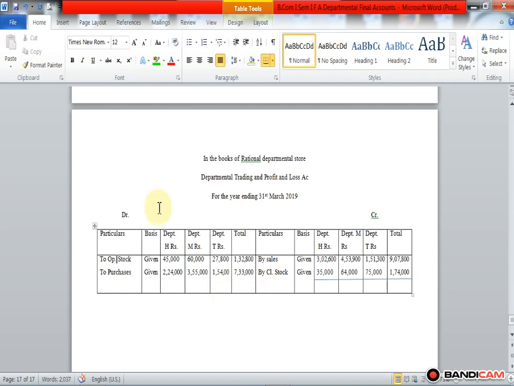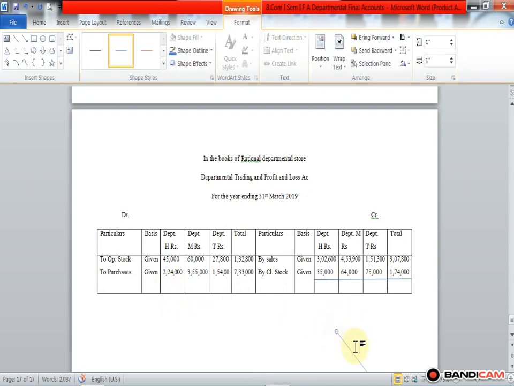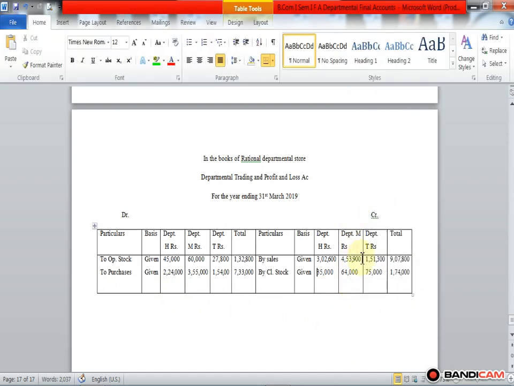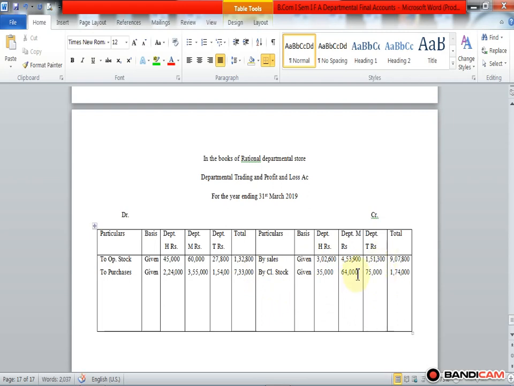Make a total of all the columns. So here credit side is more than the debit side.